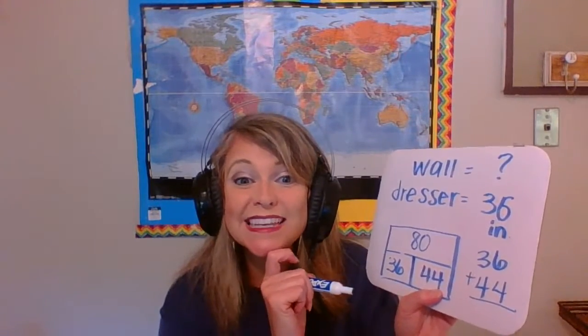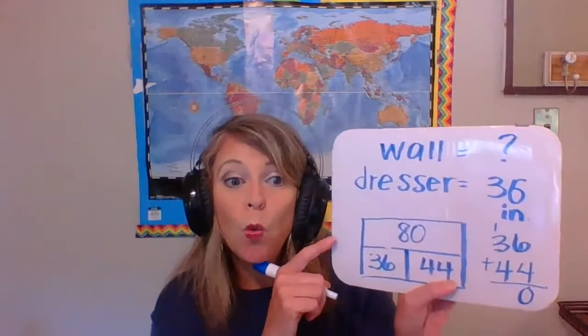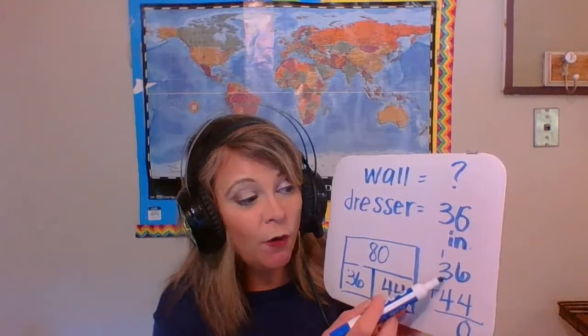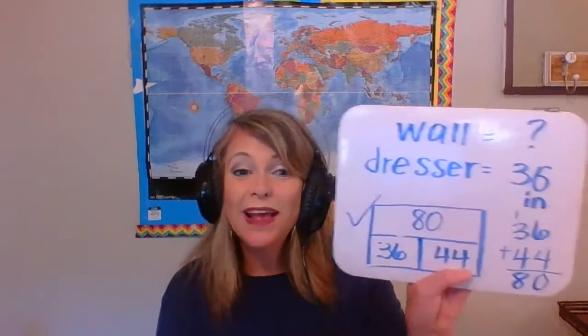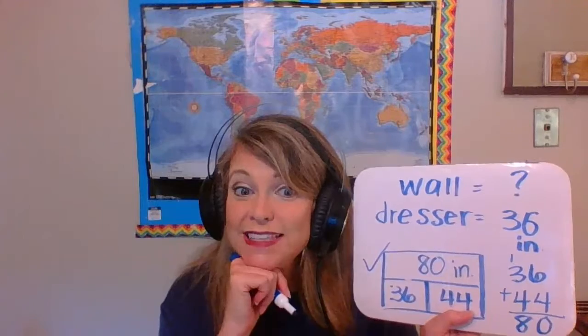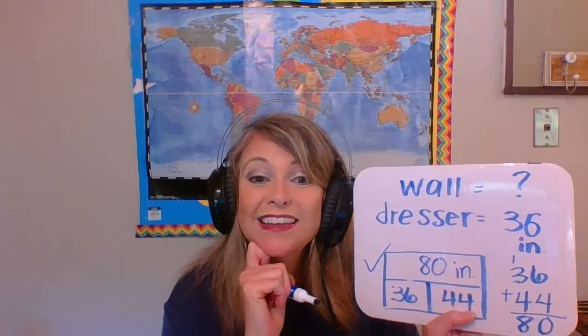The ones. 6 and 4 is what? 10. Carry the 1. 1 and 3, 4. 4 and 4 is 8. And yes, we got it right. The length of the wall is 80 what? Inches. Always put a unit at the end, okay?